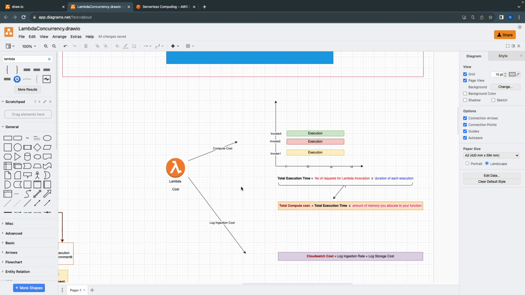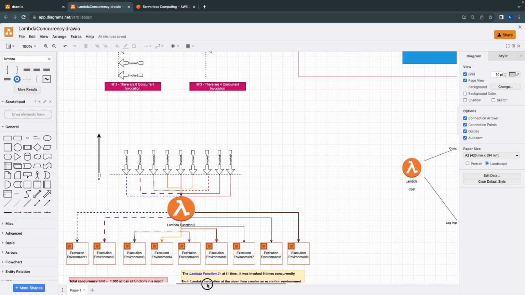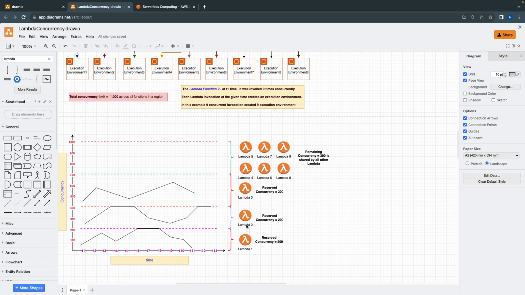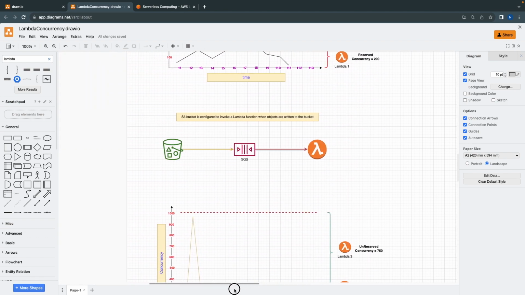But I can give you an example. Let's say you have an S3 Lambda trigger, and you have a logic written so that when you load a file, you want the Lambda to scan or process that file and perform some action.